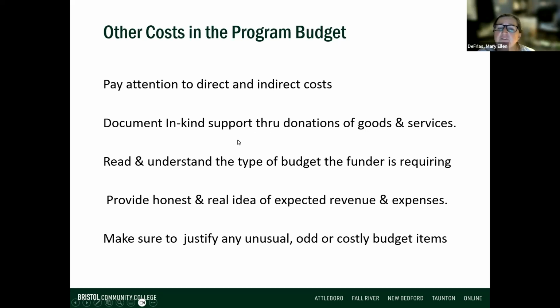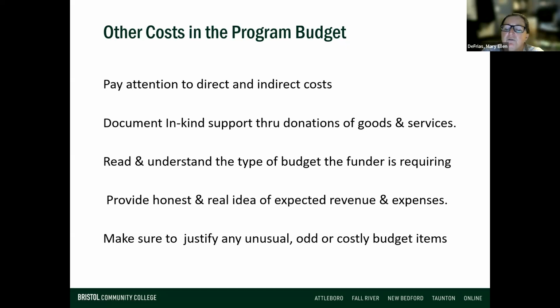If you're getting your business off the ground and you're providing in kind, maybe you're not taking a salary, make sure that's accounted for. If you're submitting a grant, make sure you understand what they expect from you. You want to provide an honest and real idea of expected revenues and expenses. Okay.